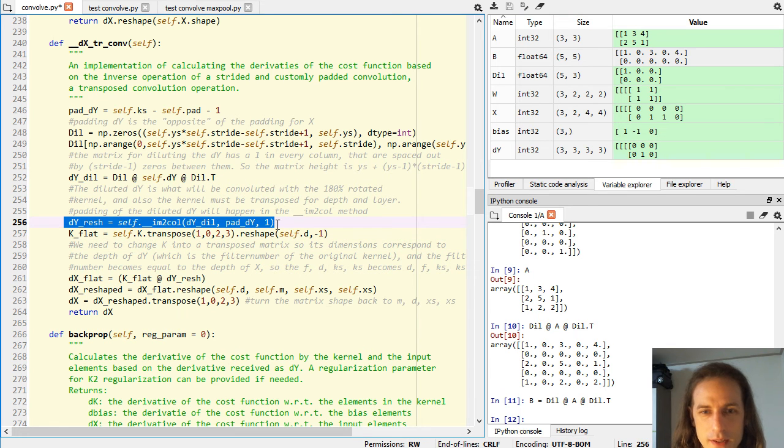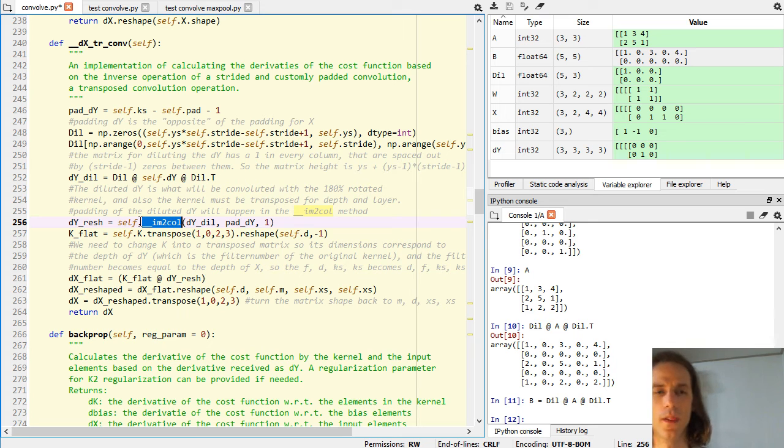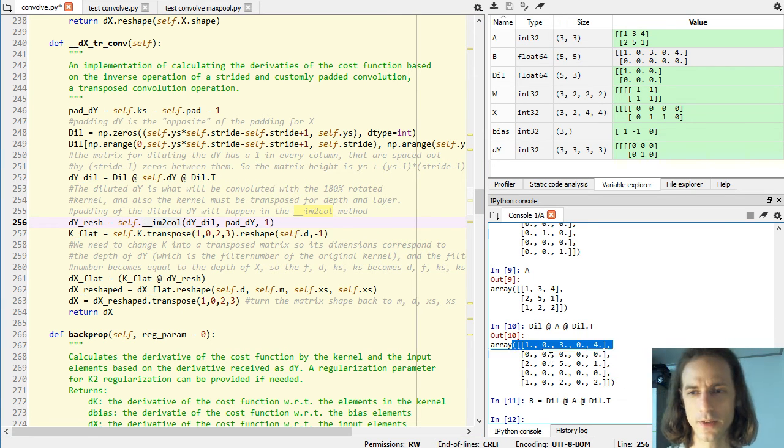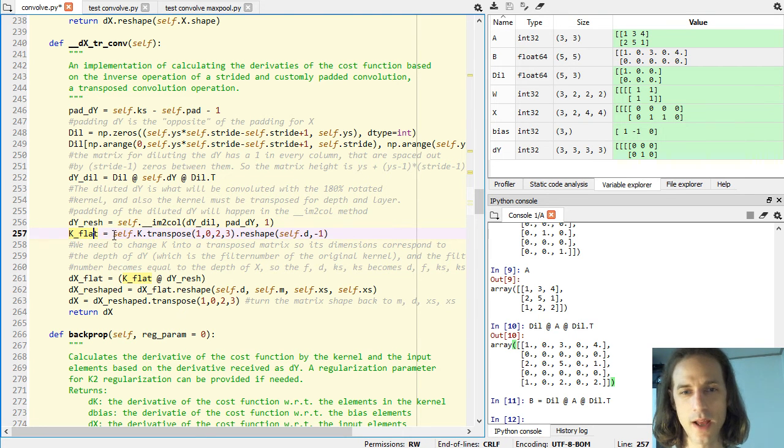So here basically we use this image to column, flattening the diluted Y matrix. After we diluted it, we flatten it with this image to column, and then K flat is coming from this transposing and reshaping.